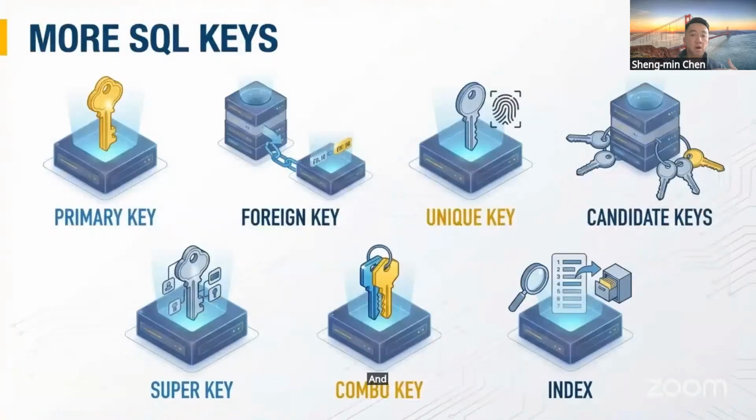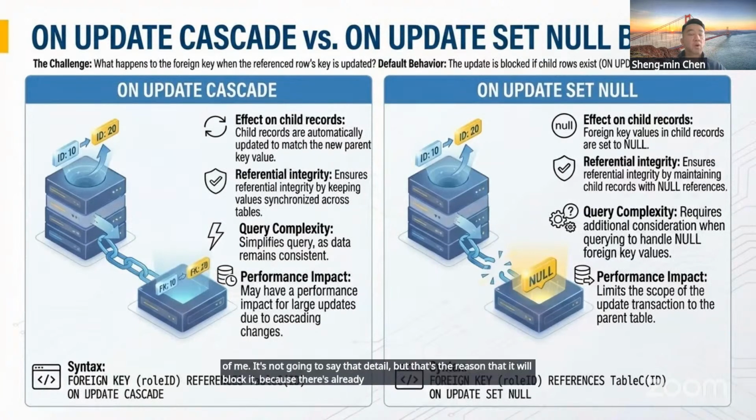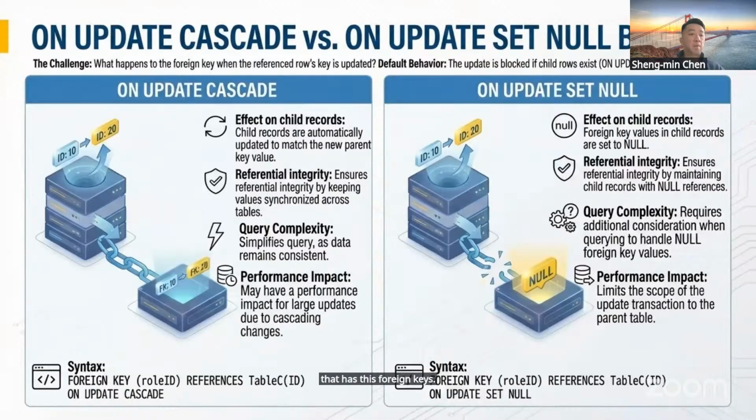And by default behavior, it would be no updates, because it will tell you that there are orders that have this foreign key of me. It's not going to say that detail, but that's the reason it will block it: there are already child foreign tables that have this foreign key with this primary ID and that's already in use.